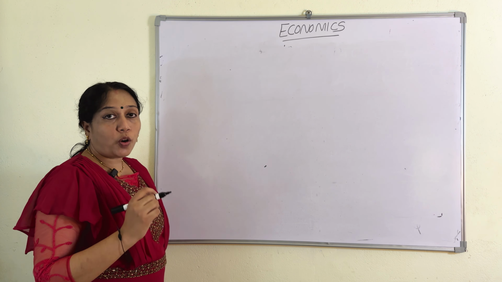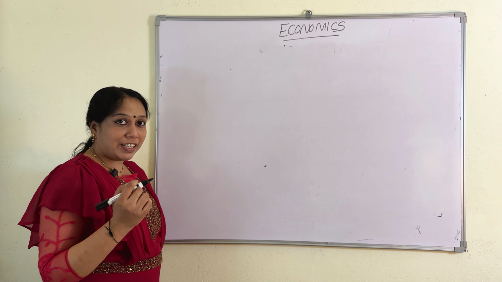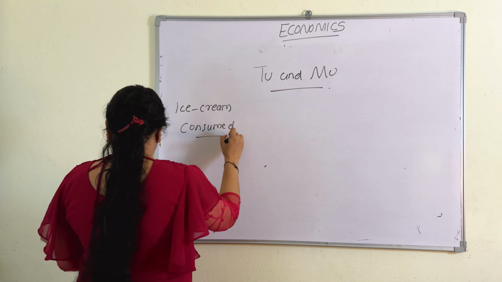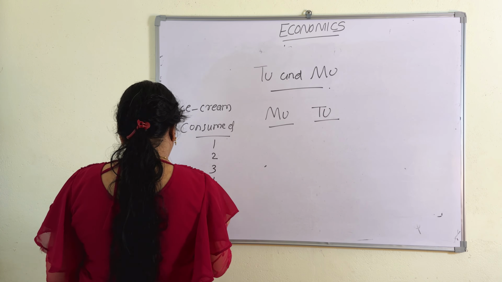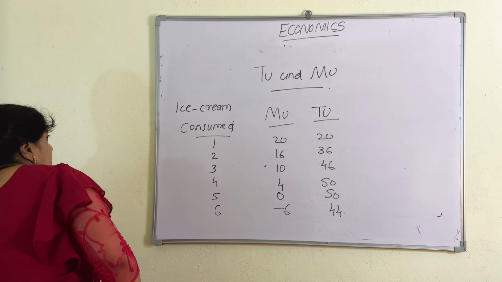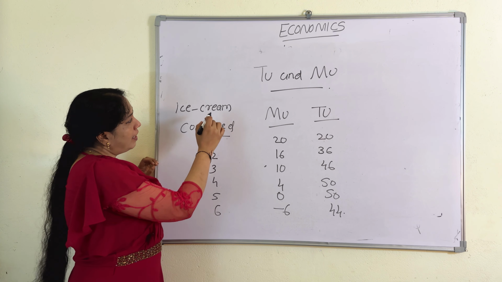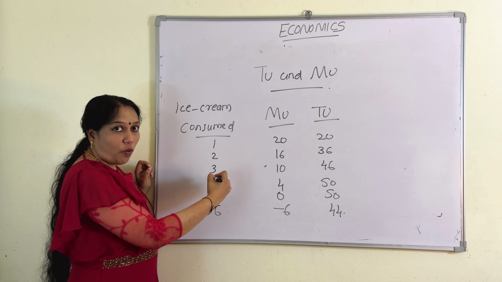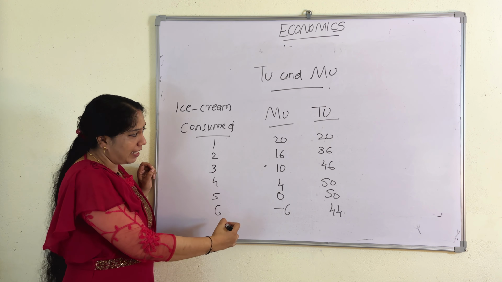Now we will study about total utility and marginal utility schedule. Here you can see that the ice cream consumption is increasing 1 to 2, 2 to 3, 3 to 4, 5, 6, like that it is increasing.